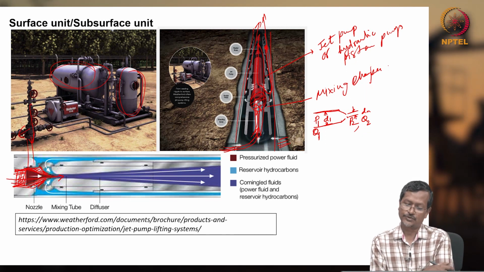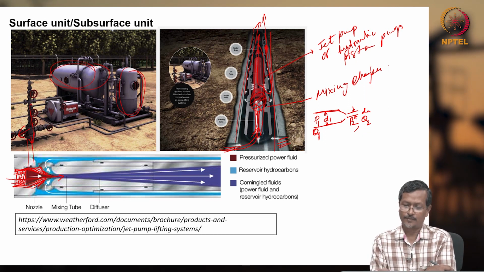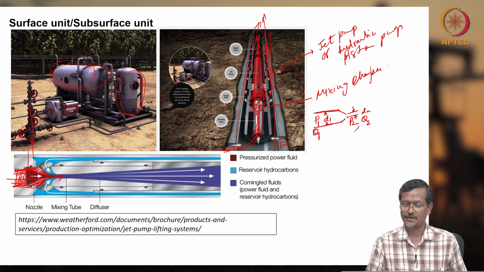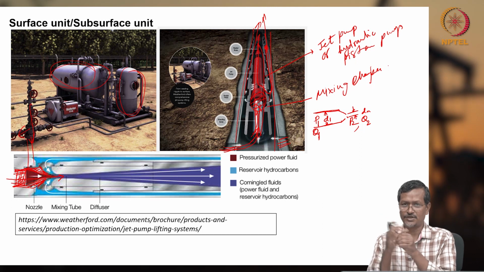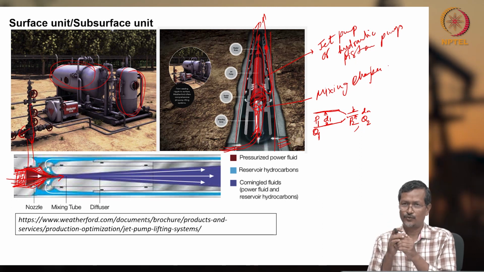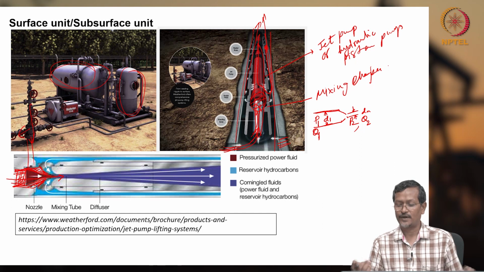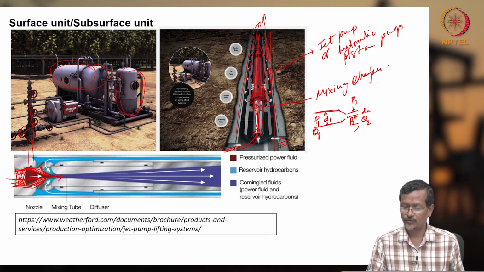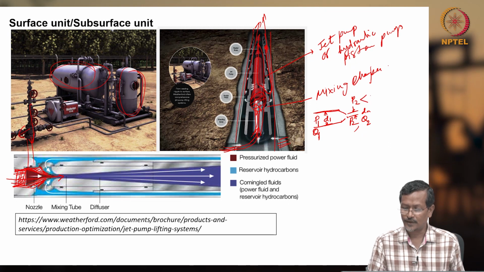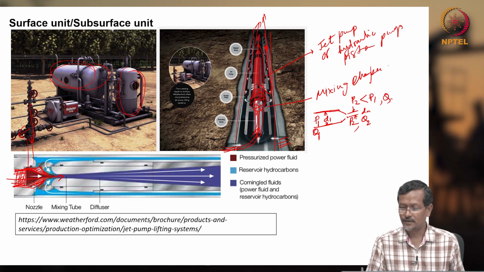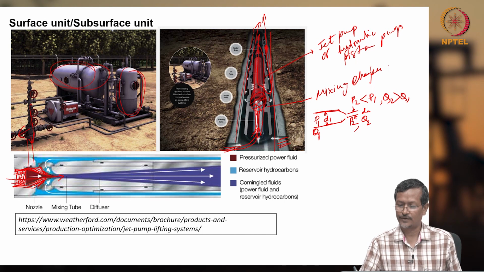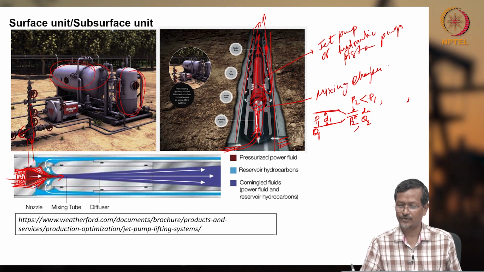So flow rate Q1, pressure P1, diameter D1. Now it is passing through the nozzle. When passing through the nozzle, you change the diameter. When the diameter changes, pressure will reduce and velocity will increase. So P2 will be lower than P1, velocity higher. Flow rate will be the same, but fluid velocity will change.